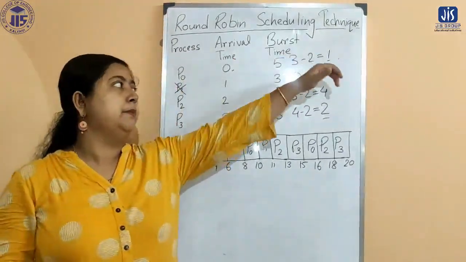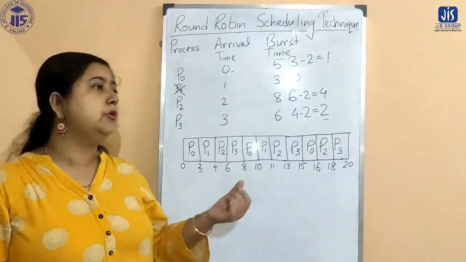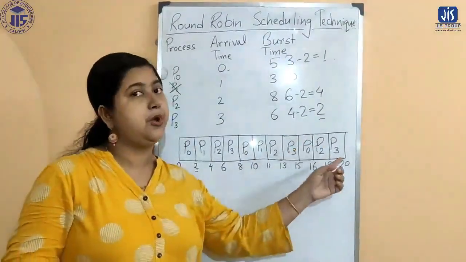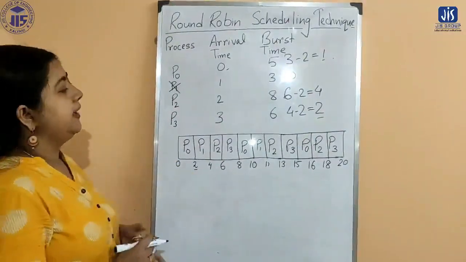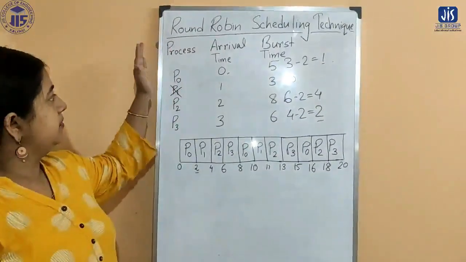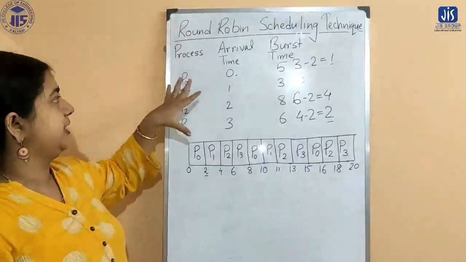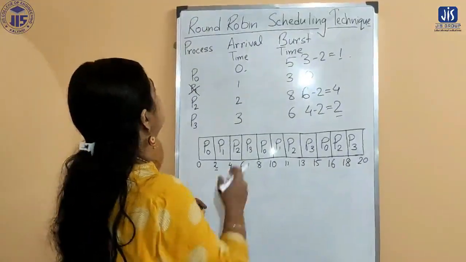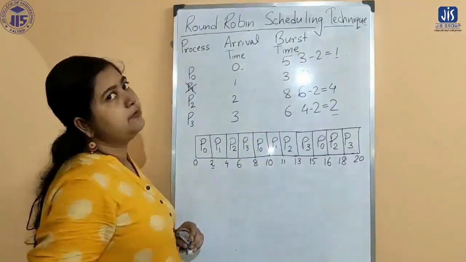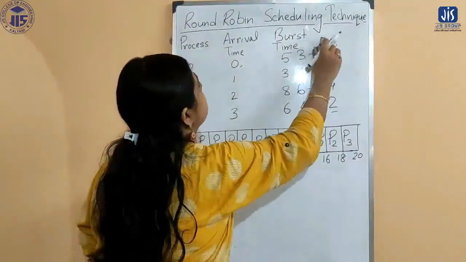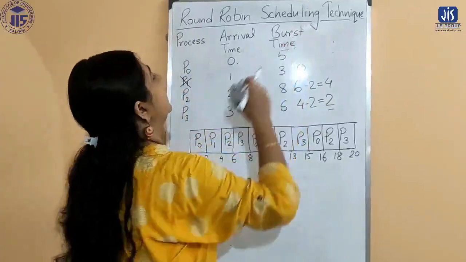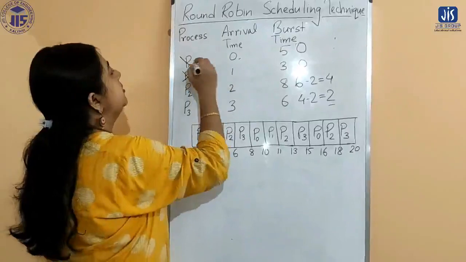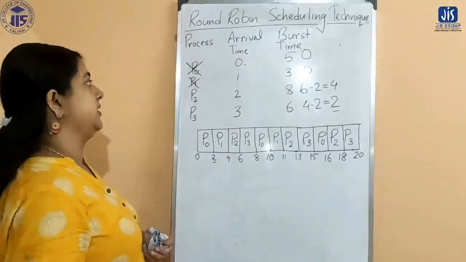Because P1 had already completed in the second round, in the third round I had only 3 processes, P0, P2 and P3. And again we have to take care about the current situation of the system. Previously P0's remaining time was 1, so obviously it is completed now. So the remaining time of P1 will be 0, P0 will be 0 and they are not in my system.